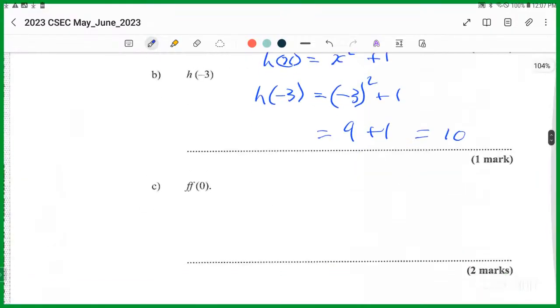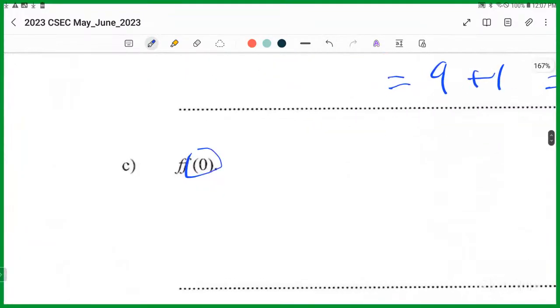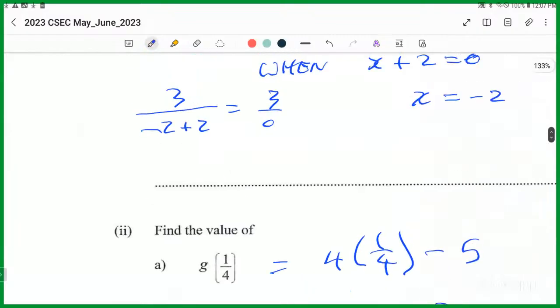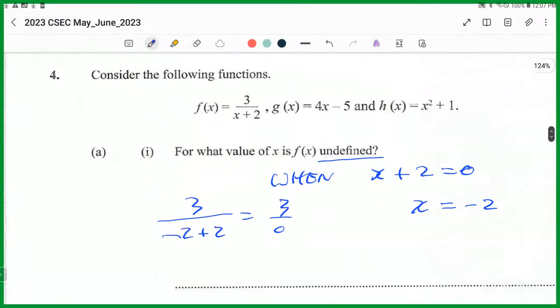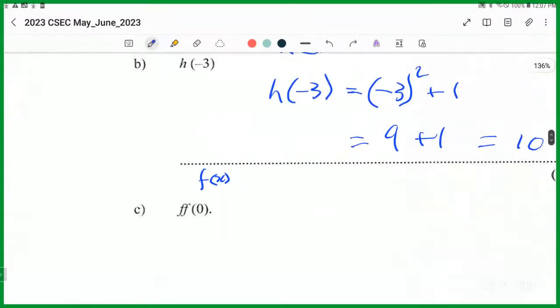Anything else? Then we want f of 0. Same thing again. Now for the f of 0, can I find f of 0 first? What is f of x again? f of x is 3 over x plus 2, right? 3 over x plus 2.